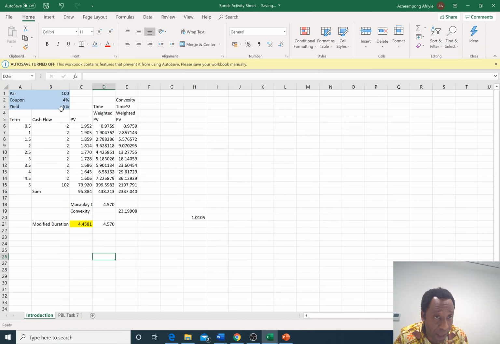Okay. Remember, the yield is 5%, but we pay interest or the coupon semi-annually. Therefore, we need to halve it. Okay, we need to halve the 5. That's why you can see here what I've done is I've multiplied the modified duration from my calculator by 1 plus 2.5%.